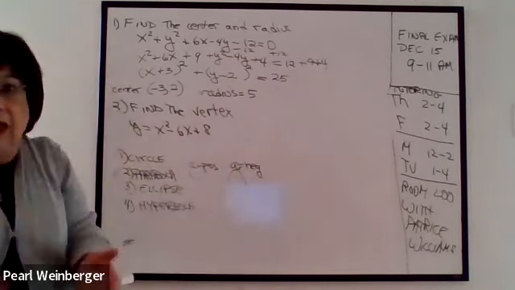If you notice, I've now taken this original equation that was not in standard form and put it in standard form. And the reason we want to do that is because we want to know what the a squared and the b squared are. The a squared is the number that's underneath the x squared. It happens to be 25, which means, of course, that a could either be plus or minus 5.